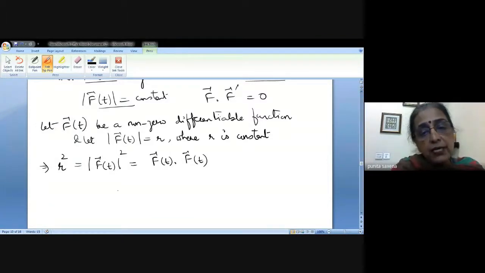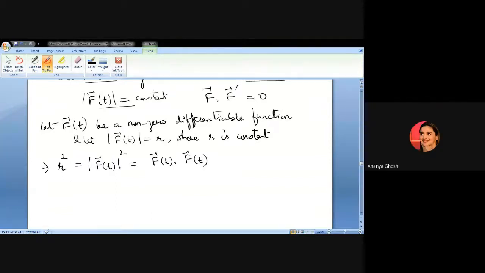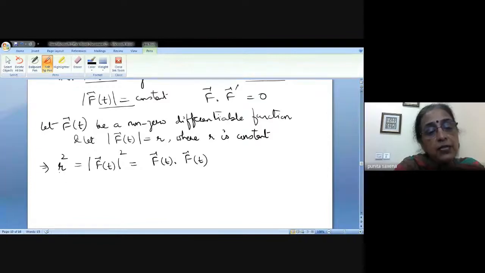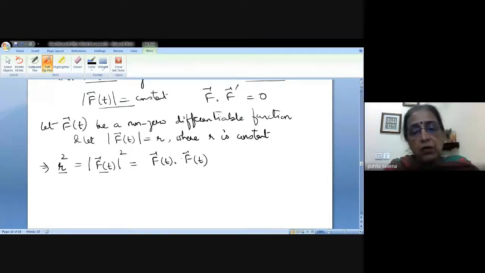That is the result we have: A dot A is mod A square, a property of vectors. So I say r square is mod f square, which I write as f dot f. Instead of writing t again and again, I can write it like this. Is that okay?